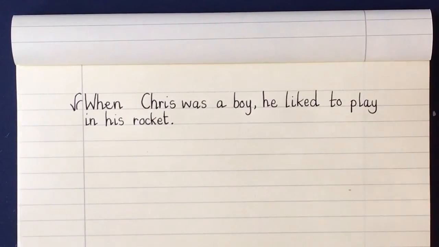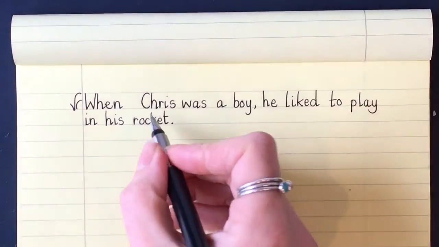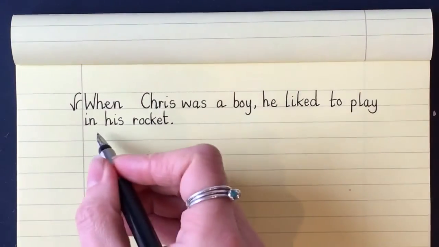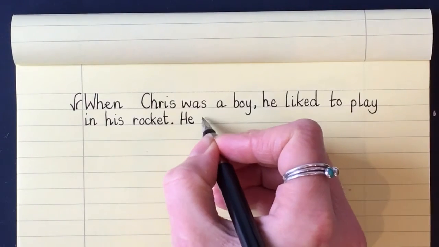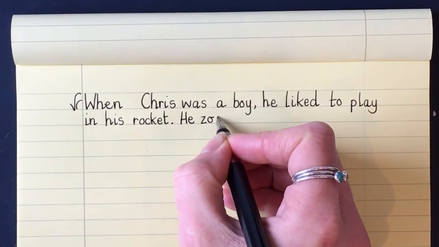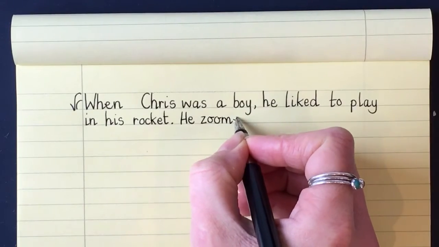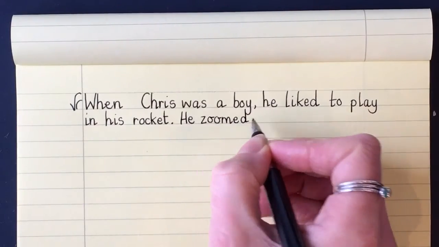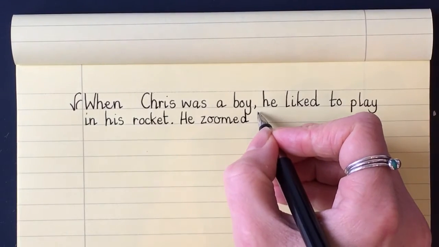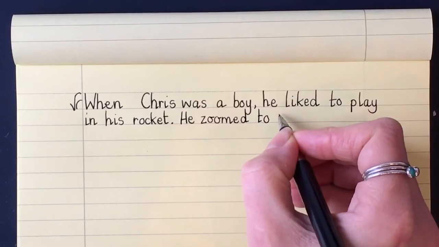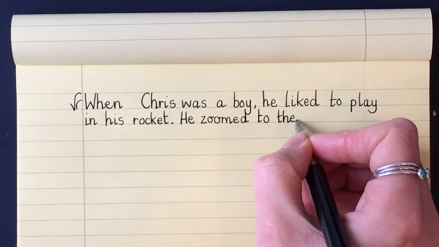I think I'm going to do zoom. When Chris was a boy, he liked to play in his rocket. He zoomed. Where did he zoom to? He zoomed to the moon.